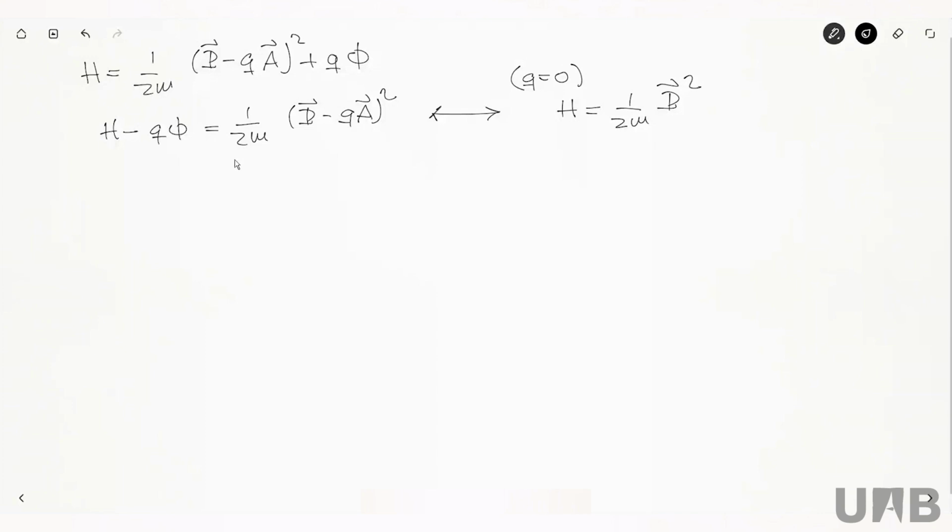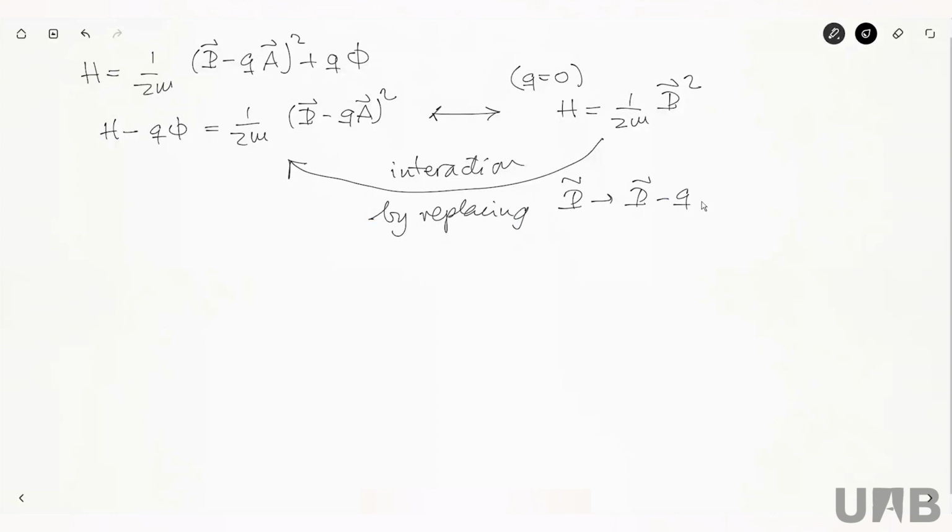But now I can read this thing backwards, right? And I can say that a free system becomes interactive, so that's the interaction, by replacing P goes to P minus QA and H goes to H minus Q phi.